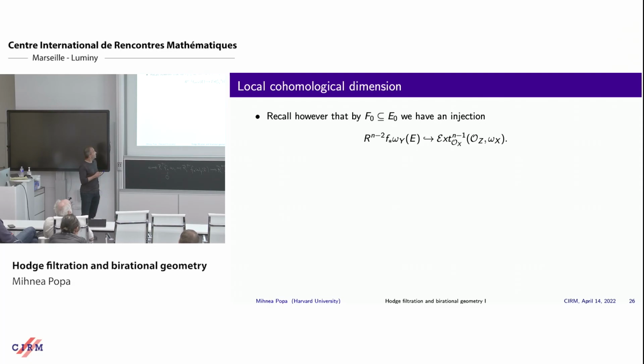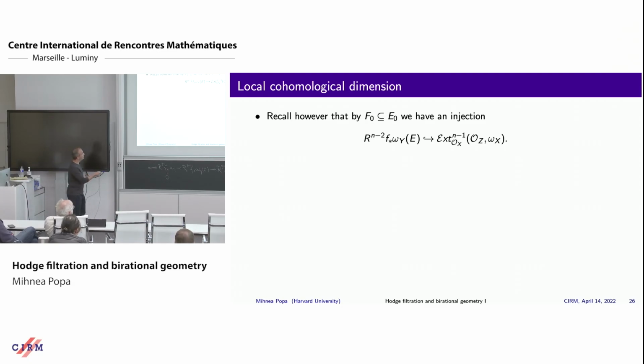Namely, I told you that the 0th step in the Hodge filtration is contained in the X filtration. At level 0, we always have an injection from this direct image that we're interested in into an X sheaf. And these X sheaves, like I said, they measure depth.